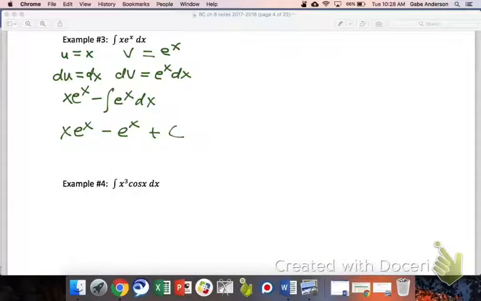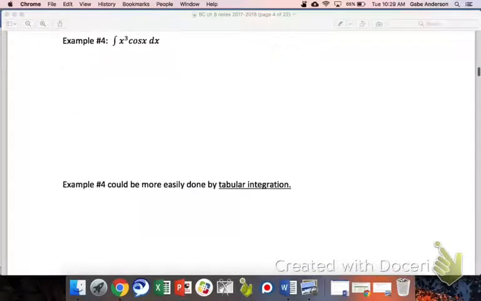Okay, any questions? Okay, so let me at least introduce number 4 for you. With number 4, the little rule I mentioned before about if you got the polynomial and the transcendental, as long as the transcendental isn't ln, always make your u the polynomial.